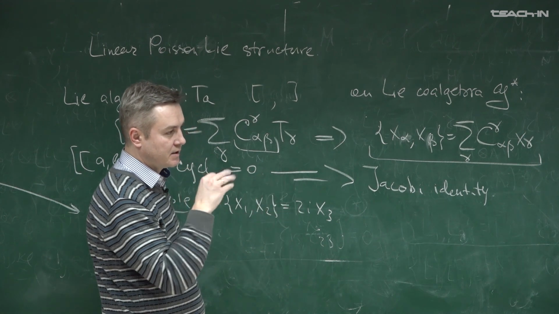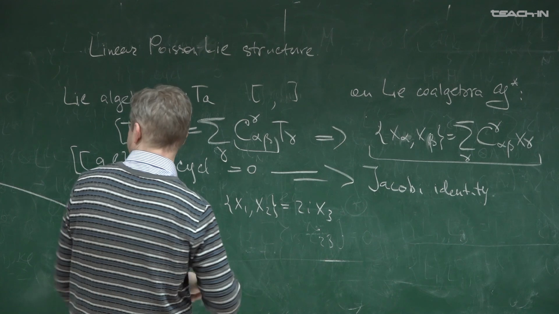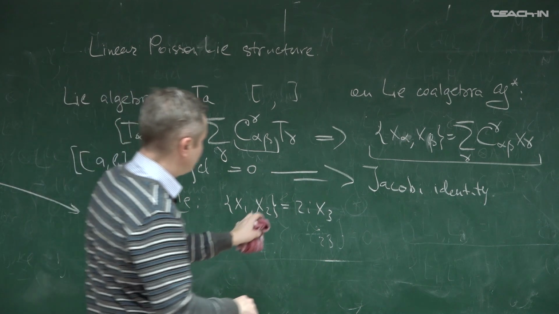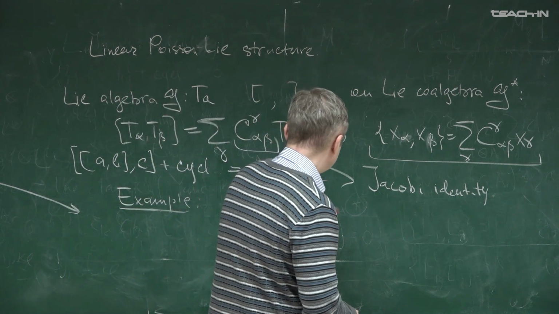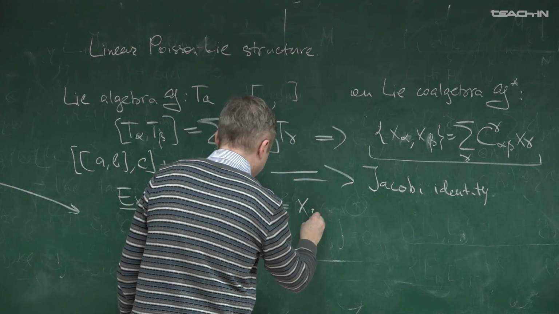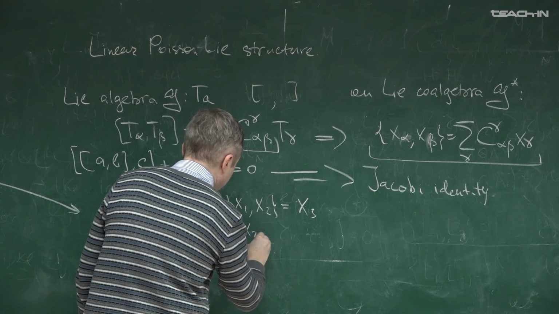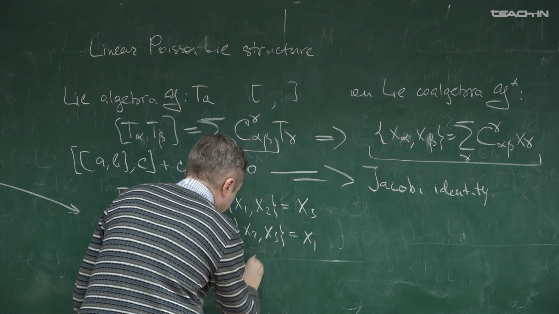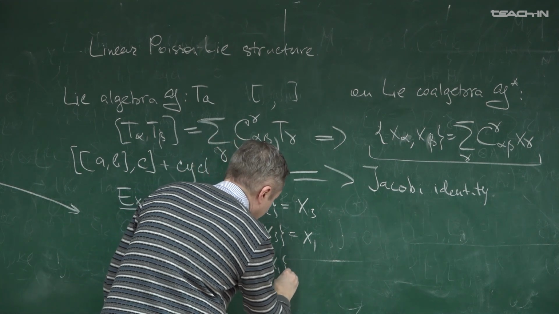We may multiply the right-hand side by any constant, and the Jacobi identity will be valid again. So instead of 2i, we just write x1, x2 is equal to x3, then x2, x3 is equal to x1, and x3, x1 is equal to x2.